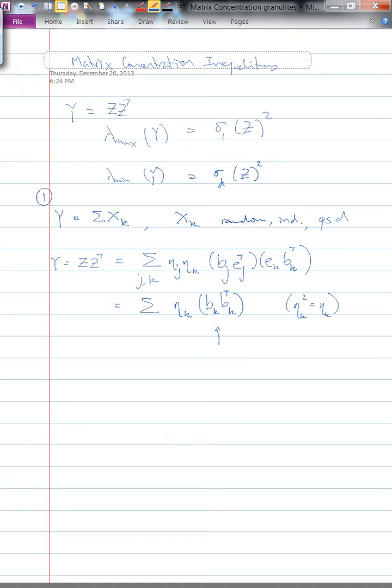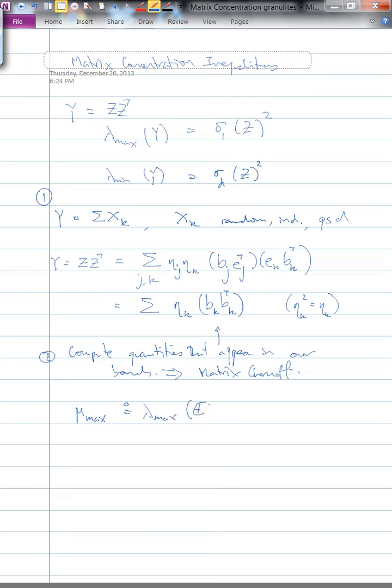We need to write the quantity that we want to understand as a sum of random matrices. Step 2, we need to compute the quantities, or bounds on the quantities, that appear in our bounds, in this case in the Matrix Chernoff theorem. So, in other words, we need to compute mu max. And mu max, recall, is the largest eigenvalue of the expected value of Y. And this is straightforward to compute.